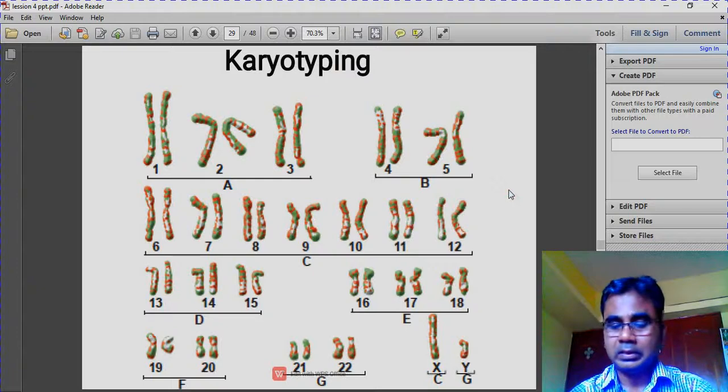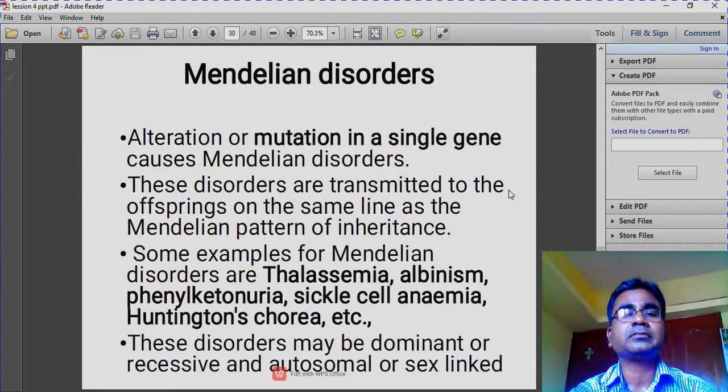And the next, genetic disorders. What are Mendelian disorders? A change in a single gene, any mutation in the gene, will cause Mendelian disorders. These disorders are transmitted to the offspring according to the Mendelian pattern.